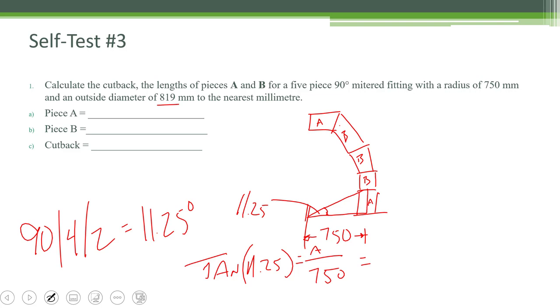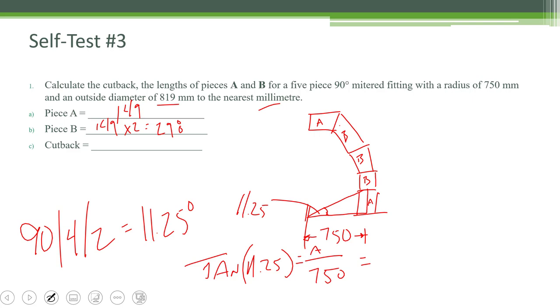It's millimeters. It says to the nearest mil, so I'll just say 149. Remember, piece B is just 2A, so I go 149 times 2, and I should get 298.